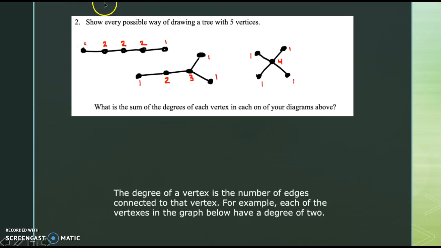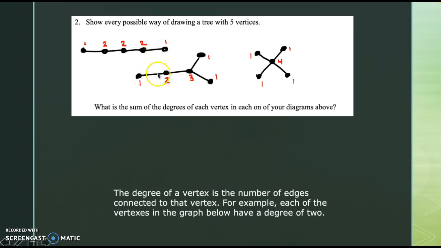That's where I have the numbers. This vertex only connects with one other vertex, but this vertex connects with 2. It goes off in 2 different directions. So the degree of that one is 2. The degree of this one is 2 because it goes off in 2 different directions. The degree of that one is 2, but then the degree of this one is 1 because it only goes off in one direction. Same here.